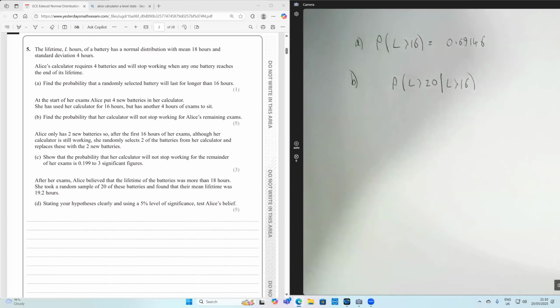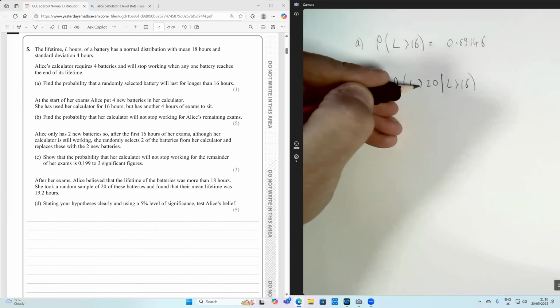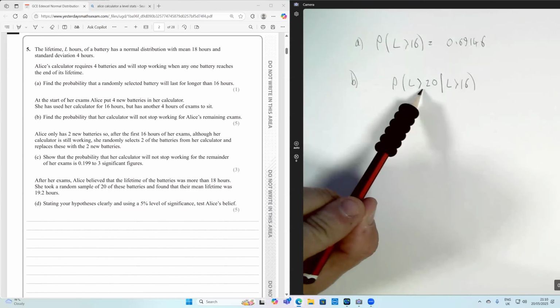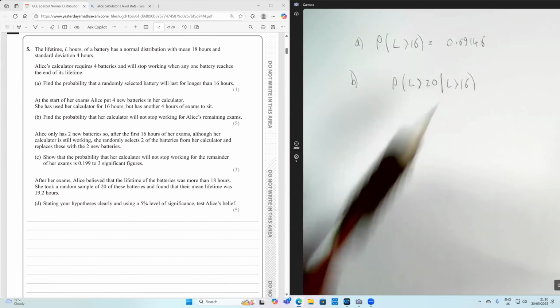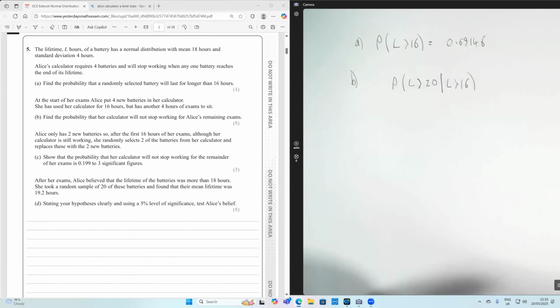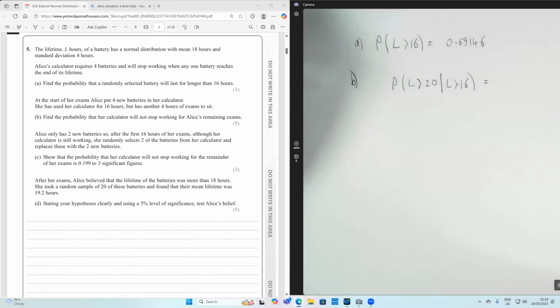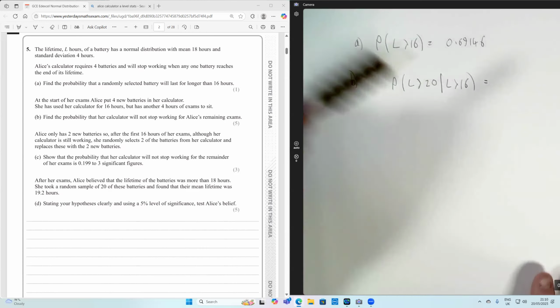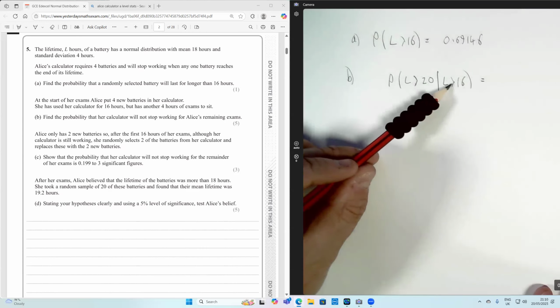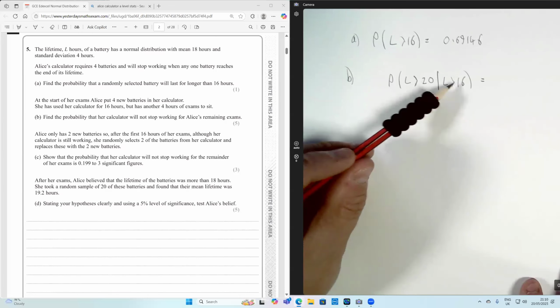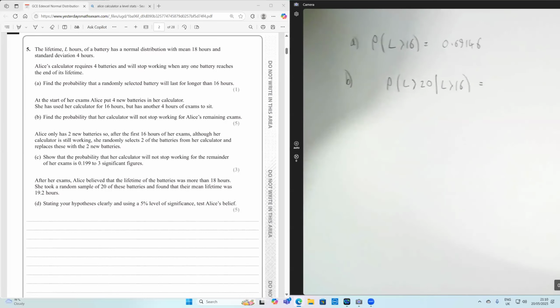Because Alice has got 4 hours left of her exams, we want to know the probability that the lifetime of a battery is going to be greater than 20 hours, given that it's already lasted 16 hours. In this kind of conditional probability, when we have something given something, very often we can think about this as being a fraction where this is the denominator, because it's actually like a reduced sample space.